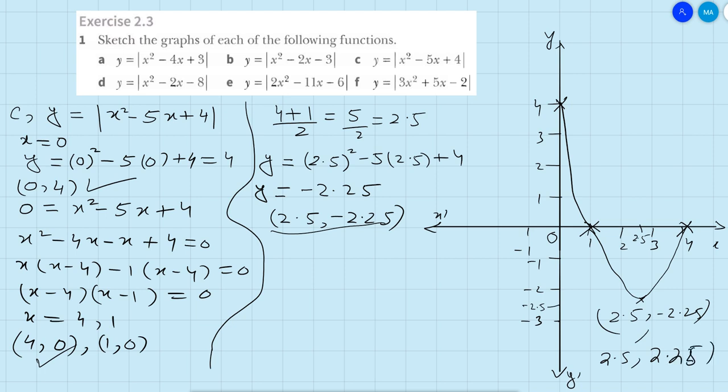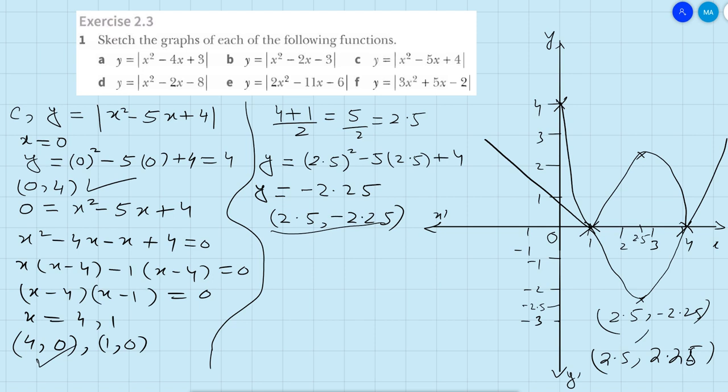So this is 2.5 and this is 2.25. Join these points like this, draw a straight line like this. This is the graph of the absolute valued function. Hope you understand part C.